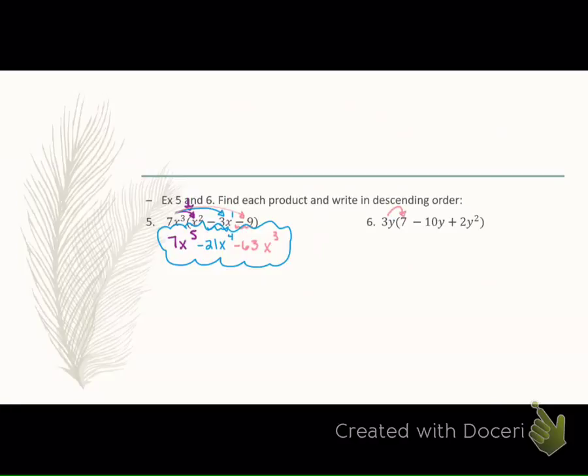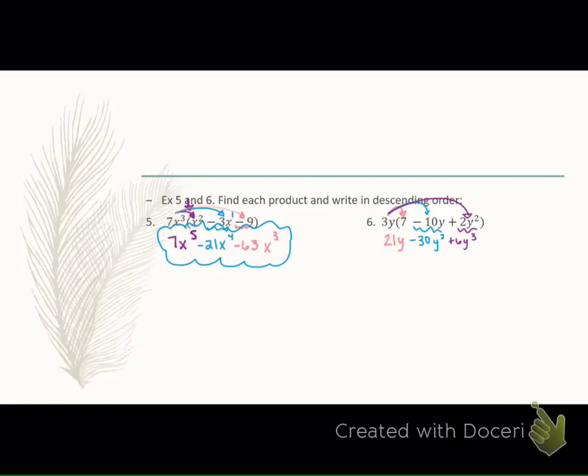Okay, Jayla, 3y times 7 is? Jana, 3y times negative 10y is? Tanari, 3y times 2y squared. 6y cubed.